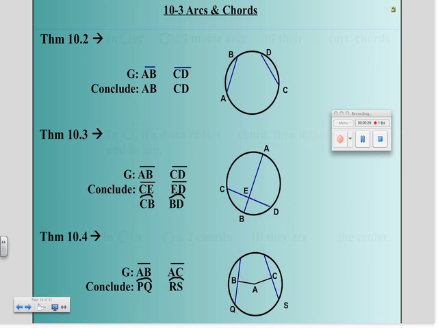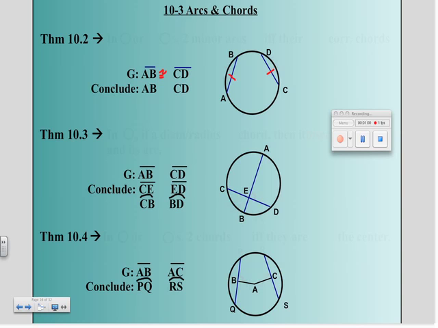Let me demonstrate it using the given and the proof here. You'll notice that they give us that segment AB is congruent to segment CD. Now, if those two are congruent, that means if I cut along the chord, you'll see that I'm slicing the circle along the same length.